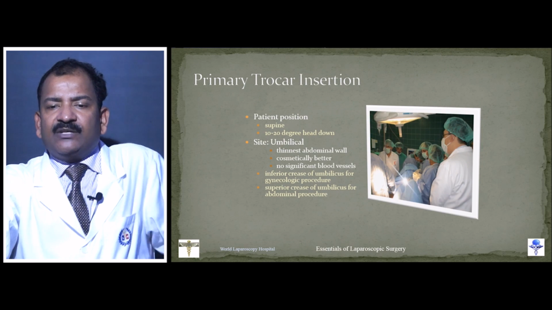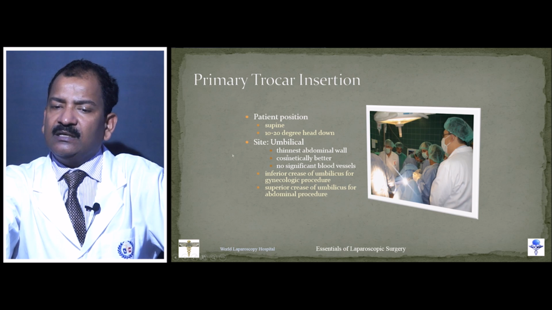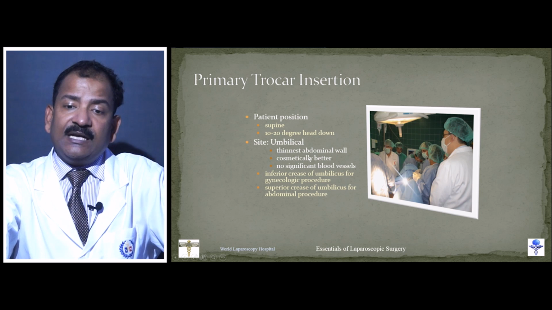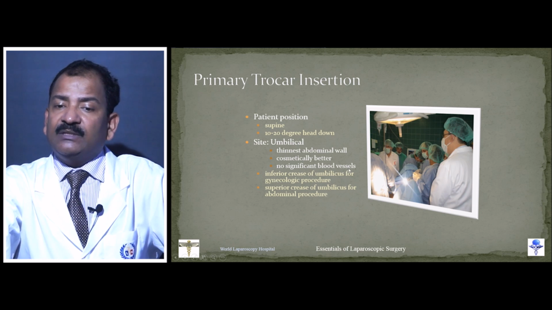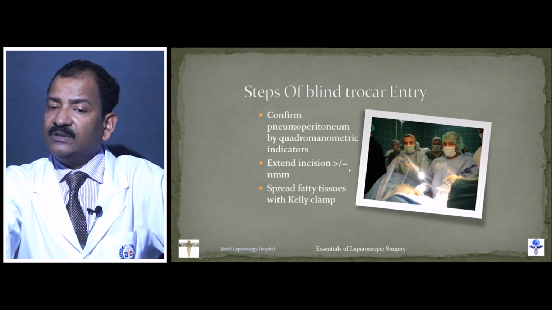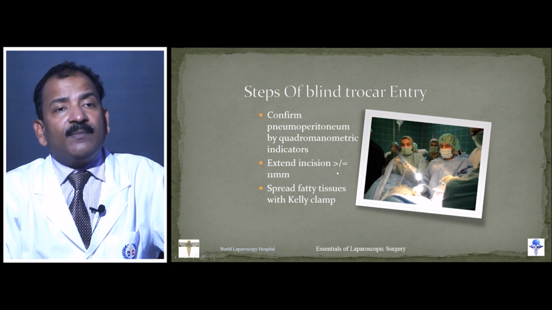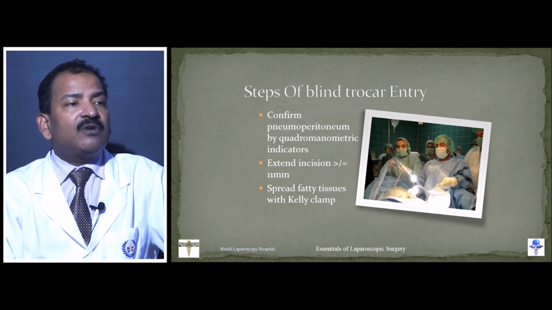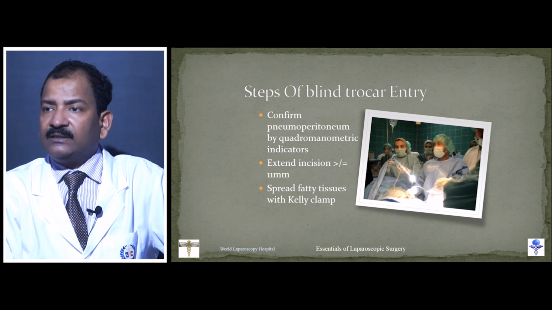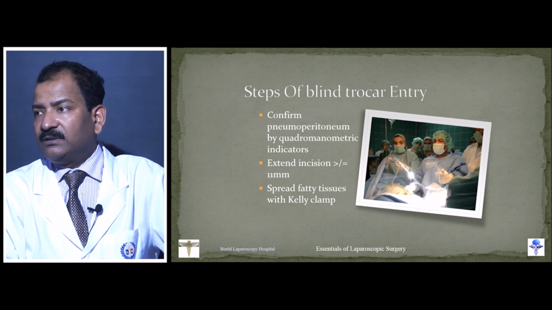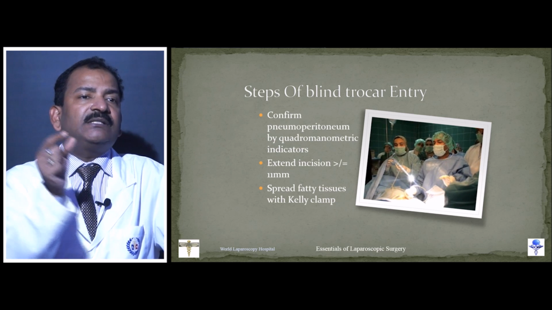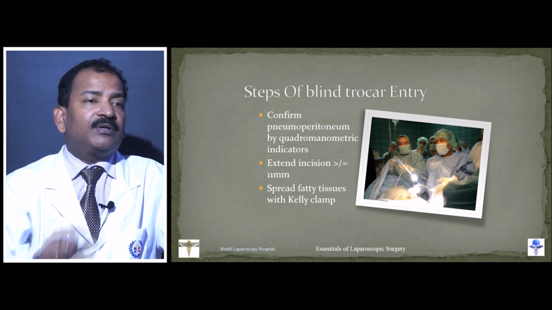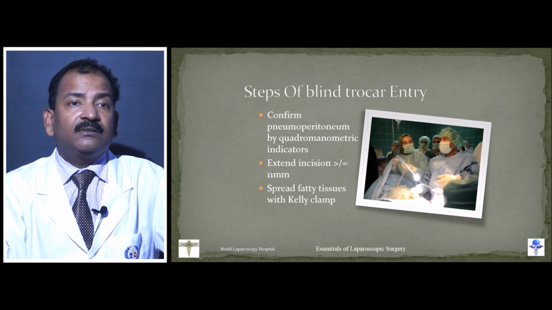Now, for primary trocar insertion, you will also extend the incision now to 11 millimeter. This is important. One of the most common causes of forceful entry inside the abdomen with the primary trocar is the small skin incision. Because we want to be cosmetic and initially our incision was 9 mm or 10 mm, it should be 11 or 12.